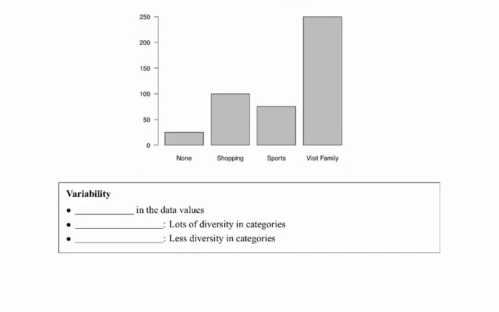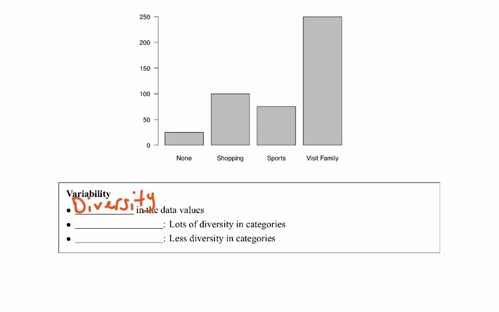The second description we're going to use for categorical data is the variability. The best way to think about that when you're talking about categorical data is the diversity in the data values. The more answers students gave, the more options they had, the more responses they had in different categories, that meant you had more variability.